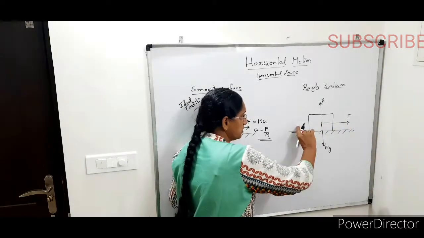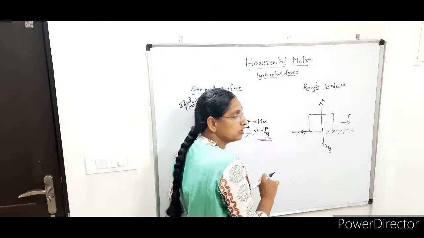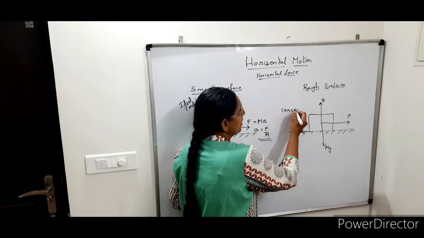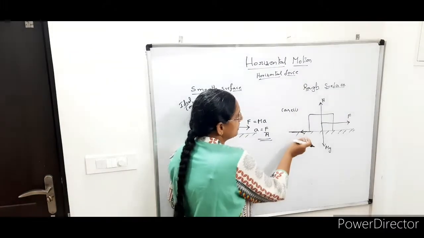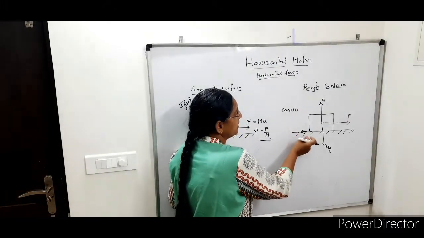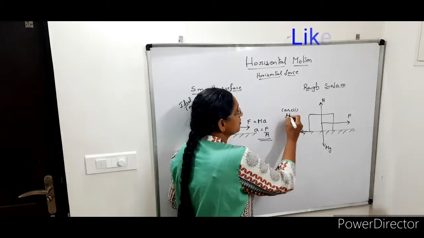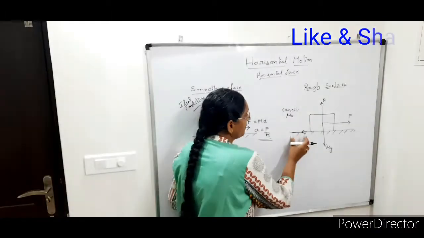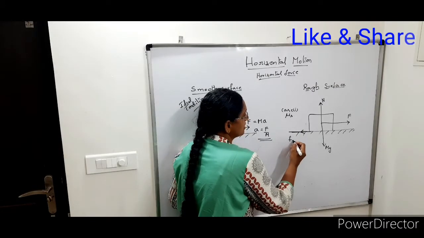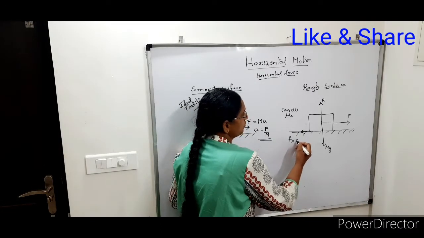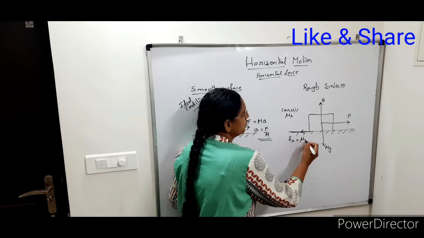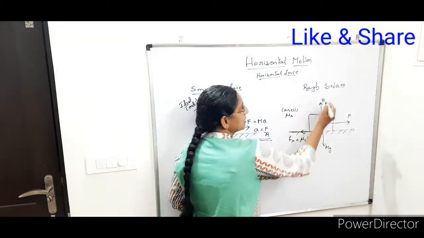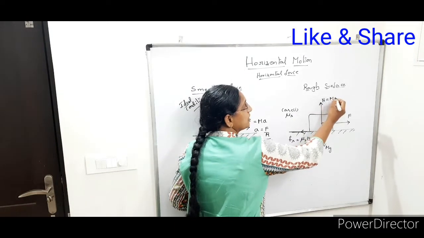That friction has some magnitude, and here two cases will arise. Case 1: depending on the surfaces in contact, the coefficient of friction mu s will be there, and the maximum frictional force is the static frictional force, which is equal to mu s into normal reaction, and of course normal reaction is equal to mg.